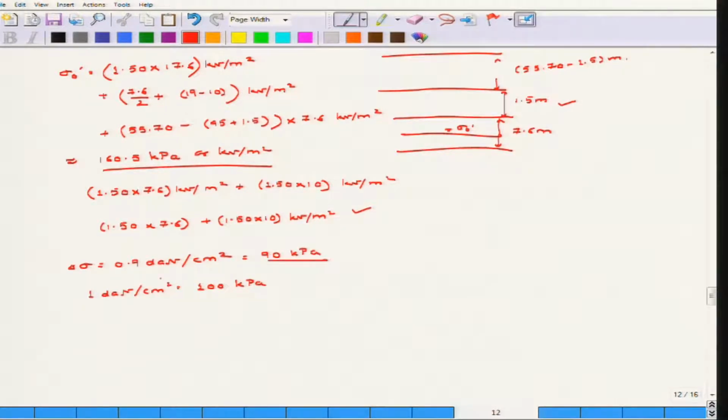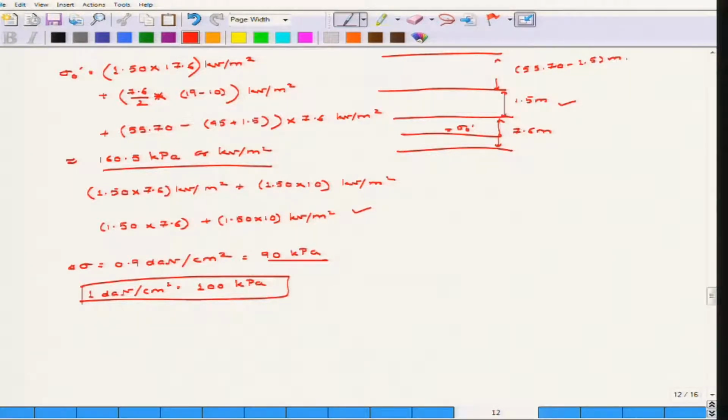Let us convert everything into kPa. Once this is done, it is easy to calculate the settlement, because you already know that delta sigma is 90 kPa, and the stress at the middle of the clay layer, with 7.6 by 2, so 3.8, you know to be 160.5 kPa.